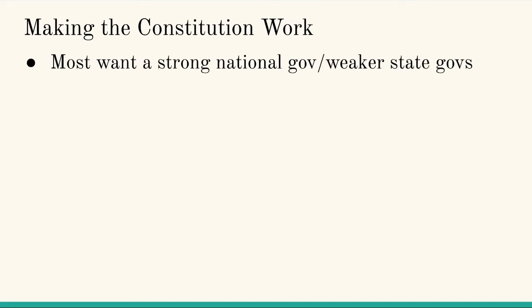Some people at the convention want a really strong national government, a government with more authority, more oomph behind it than what the Articles of Confederation provided. That would mean there's a little bit of a trade off, and that state level governments would be a little weaker. They would have less authority. Some people really like that idea, some people really don't.